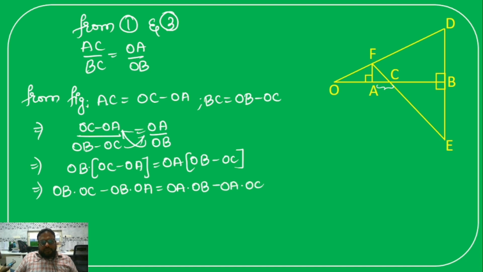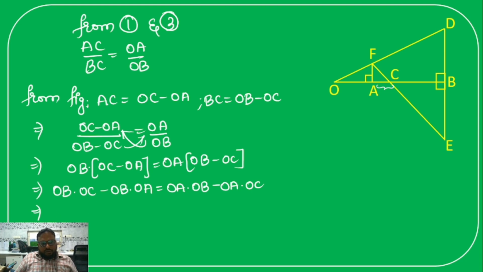Next, OB into OC and OA into OC I'll bring to one side, and OB into OA I'll bring to the other side. So OA into OC I'll bring to the LHS, and this minus OB into OA I'll take to the RHS.